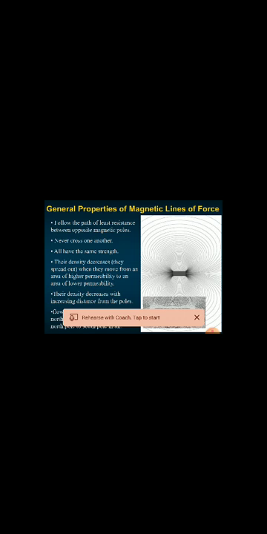Their density decreases with increasing distance from the poles, and they flow from the south pole to the north pole within the material, and from the north pole to the south pole in the air as well.